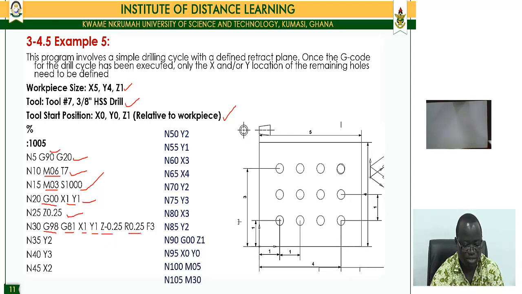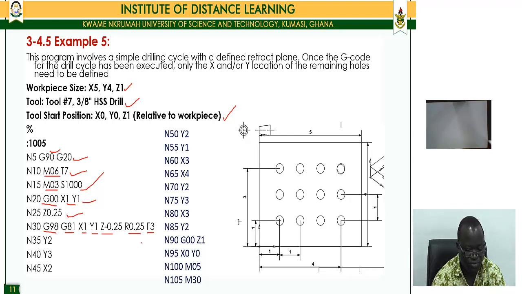X1 Y1 at the feed of 0.25. The retract plane, the tool will move back up to 0.25 at the feed rate of 3 inches per minute. So the tool will be cutting through this.